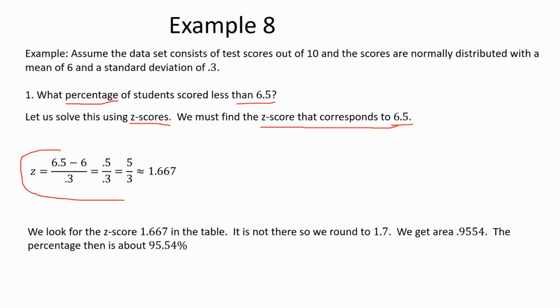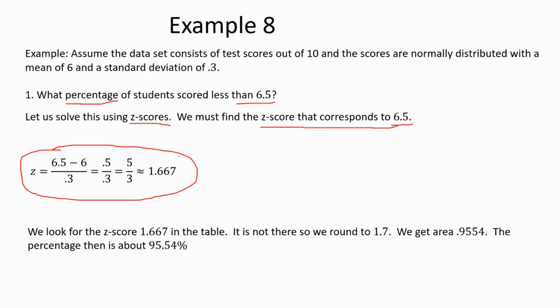We calculate it here, and we get 1.667. So for 6.5, the z-score is 1.667.